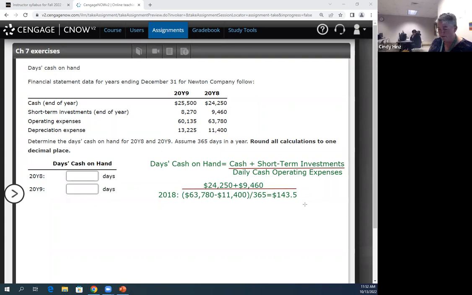So short-term investments can include stocks and bonds. Even though I already told you they can't be considered cash equivalents, they can be considered short-term investments if the company says, we have these available, we can sell the stock or we can sell the bonds if we need cash to run our business.